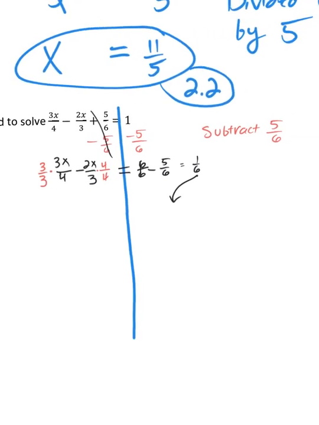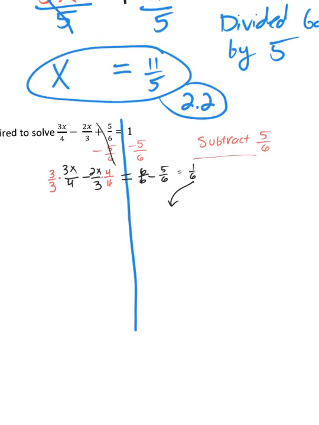So in my step 2, I get a common denominator. I know it's really tempting to cancel things out, but 3 times 3 is 9x, and 3 times 4 is 12. Minus, keeping that minus sign there, 2x times 4 is 8x, and 3 times 4 is 12.